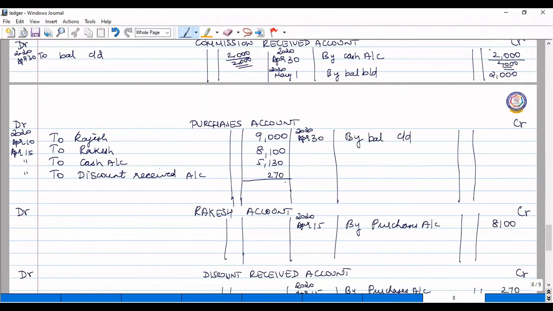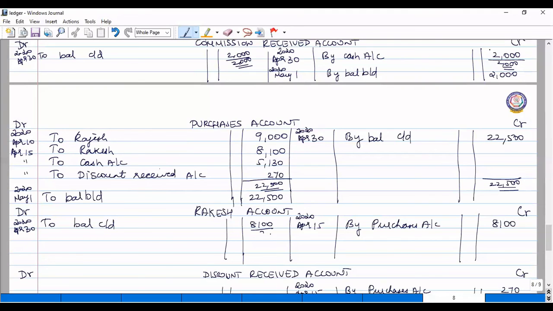So the total of this value is 22,500. Okay, so on May 1st, the opening balance for purchases account will be 22,500, right?